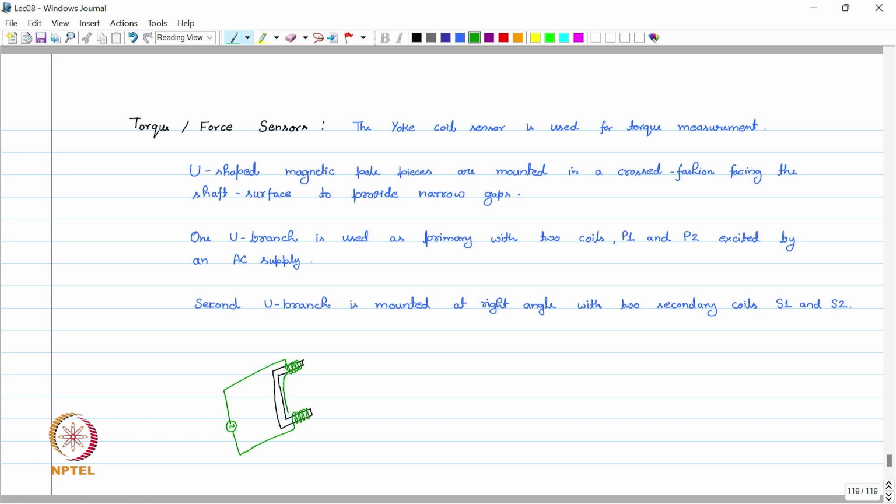These are connected here. This is the primary, and let's name it P1 and P2.